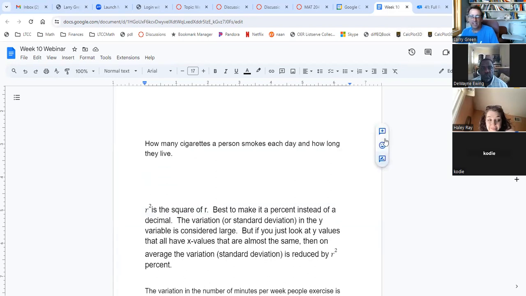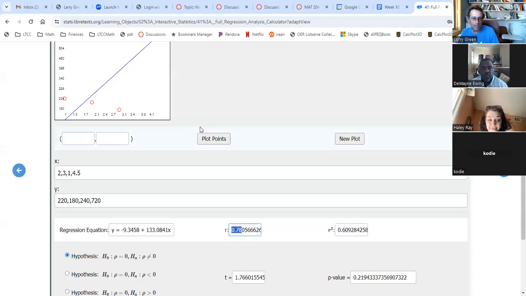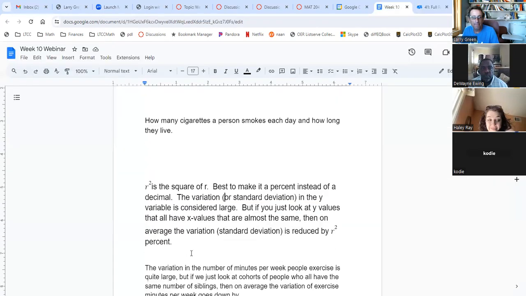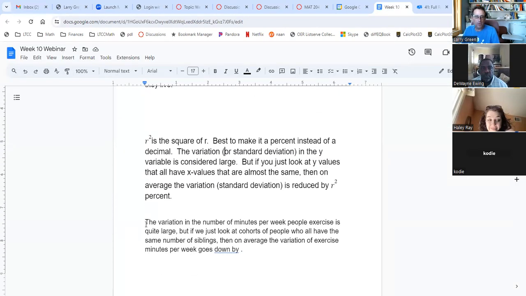So in particular, our example had R squared about 0.61. If you round to two decimal places, I'm rounding to two decimal places because I want to turn it to a percent, and 0.61 is 61%. So R squared is 61%. So what we can say is the variation, let me make this a little bigger.